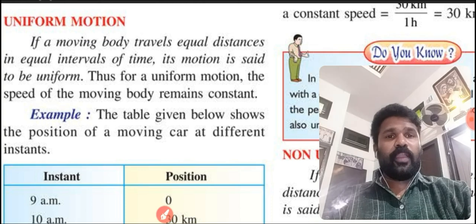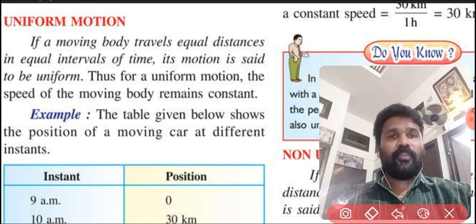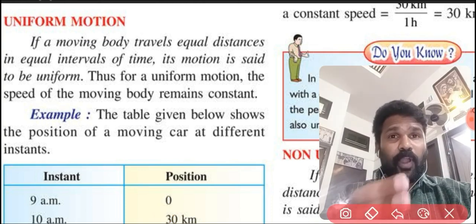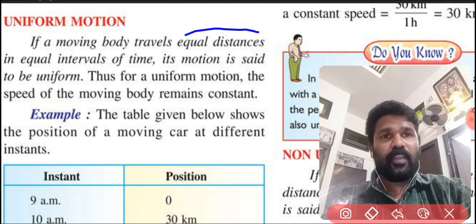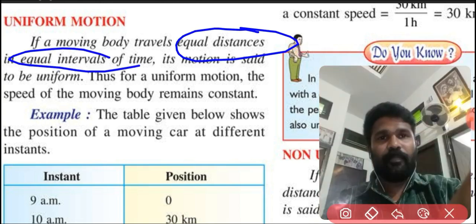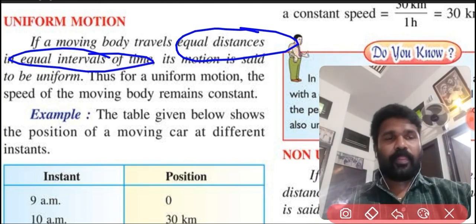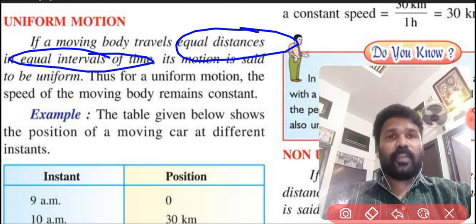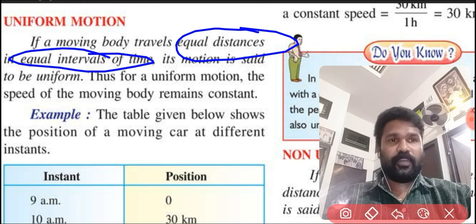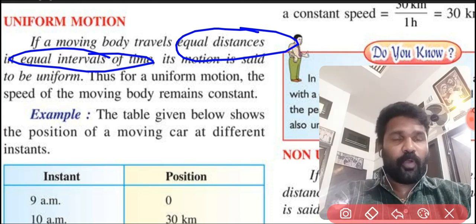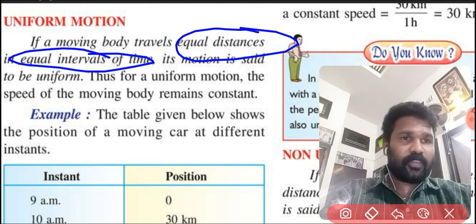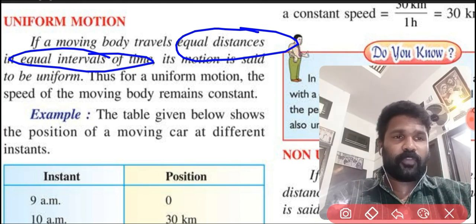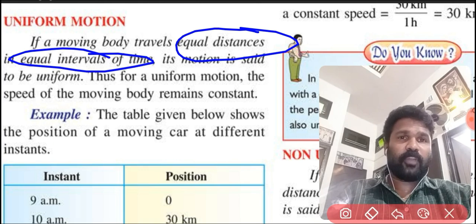If a body travels equal distances in equal intervals of time, then we can say that motion is uniform motion.